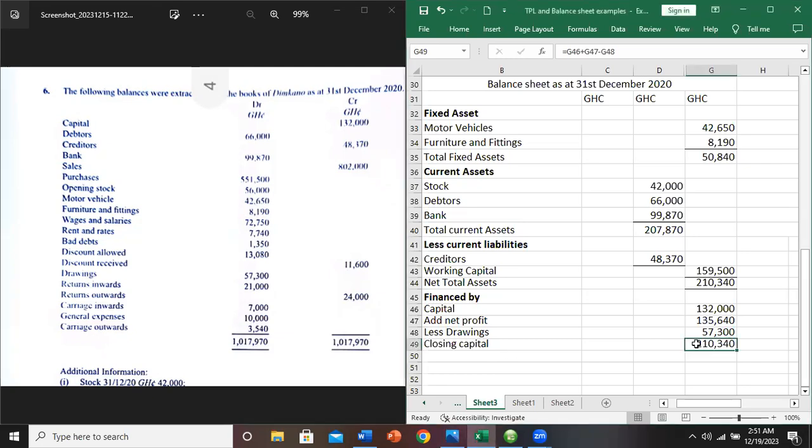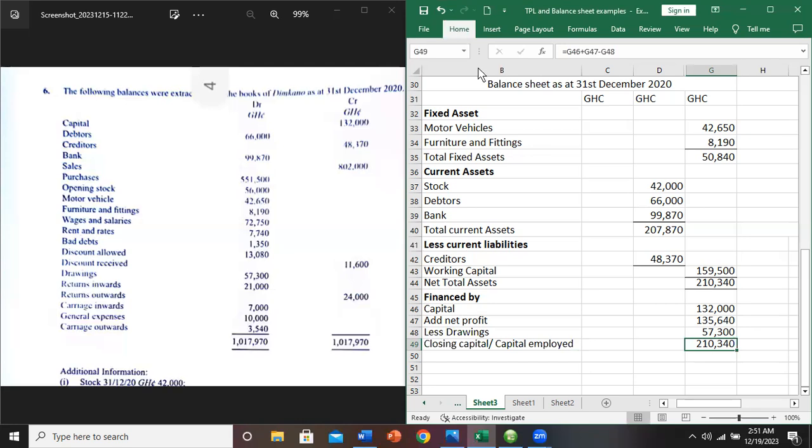So this closing capital becomes your capital employed. So this is the closing capital, or the capital. And if you are paying attention, you would see that the net total assets is equal to the capital employed.